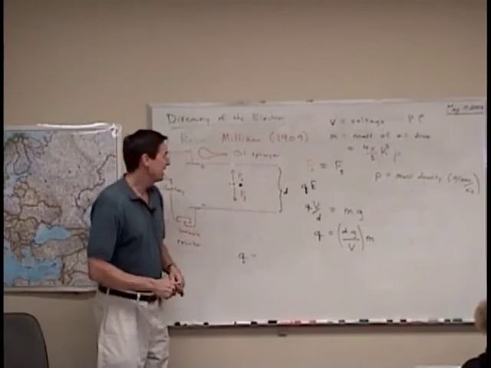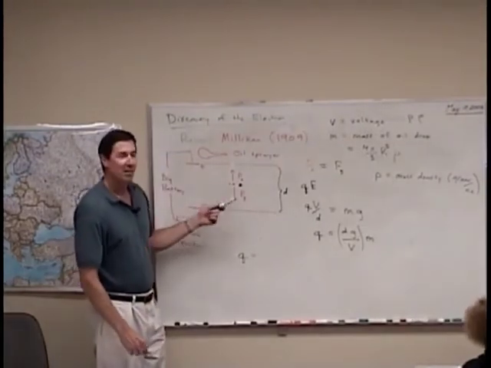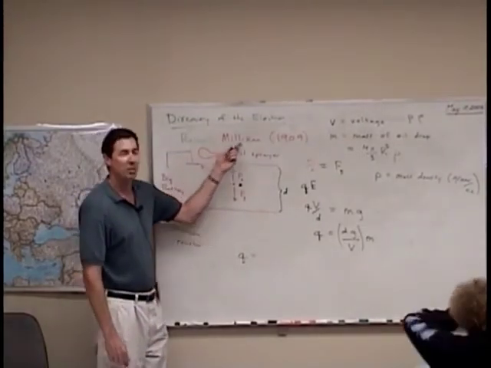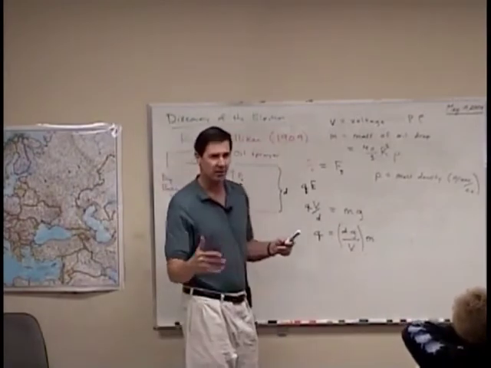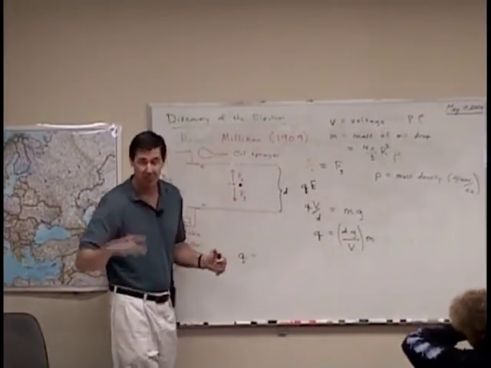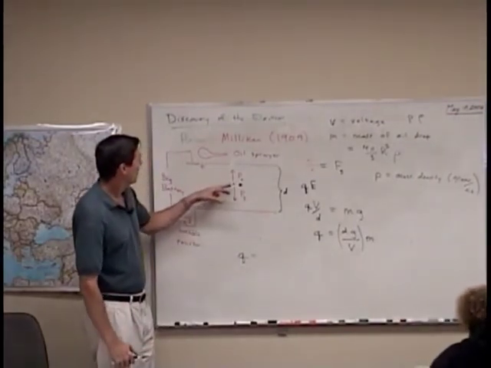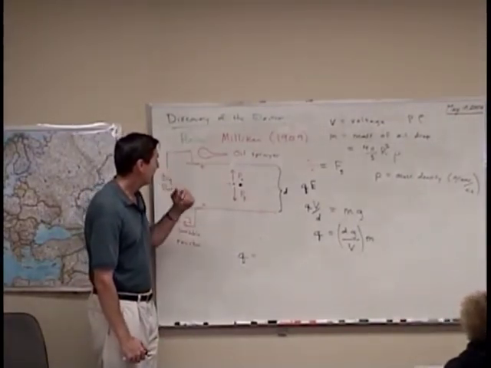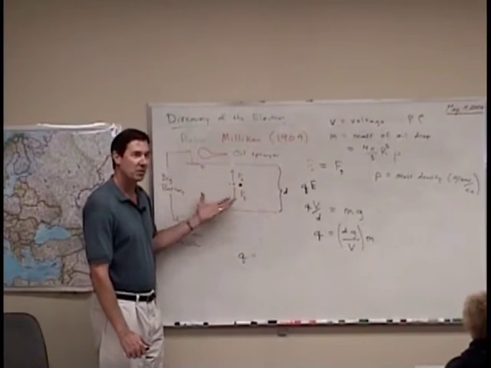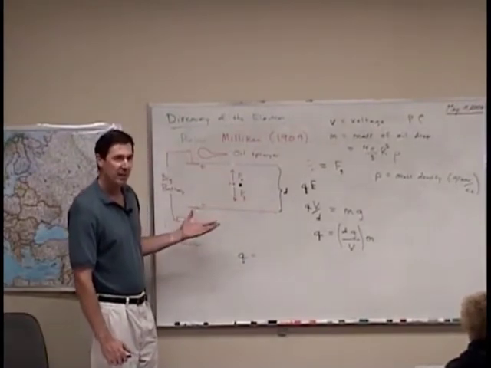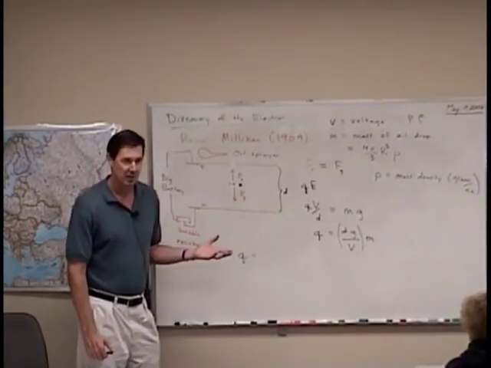So when he calculates, Millikan really worked hard on this experiment. For years, he observed thousands of these drops, and he would calculate the charge on each one, and he wouldn't always get the same number.